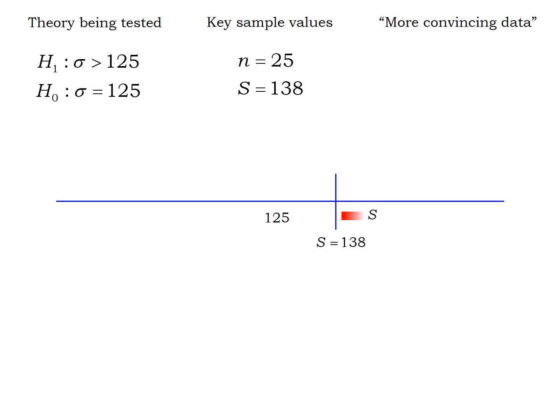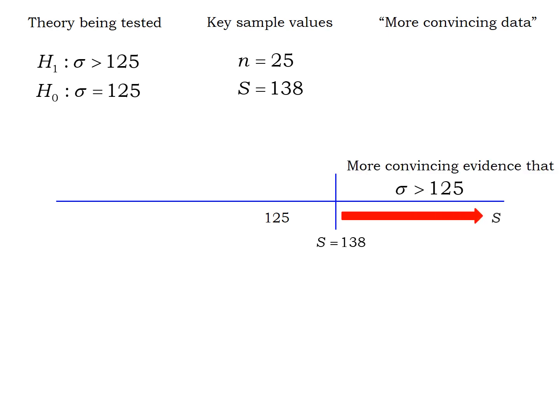Well, if we had a higher sample standard deviation, like 160, 200, that would be even more convincing evidence that our standard deviation for the entire population is over 125. So in this scenario, more convincing data is a sample standard deviation that's greater than the one we have, 138.